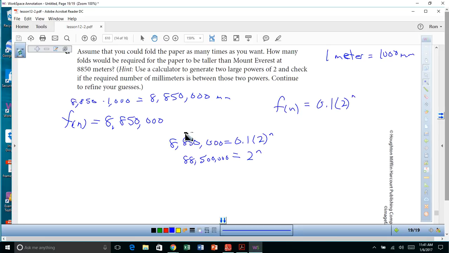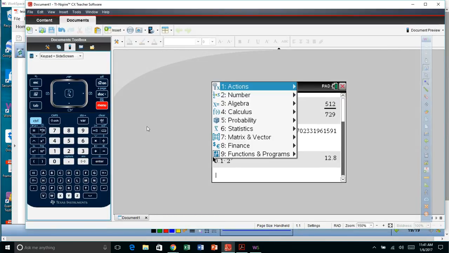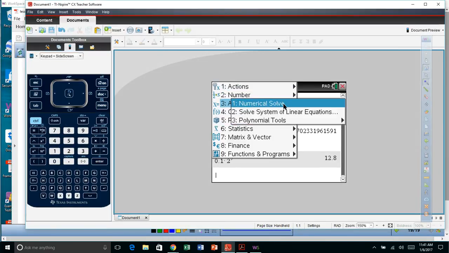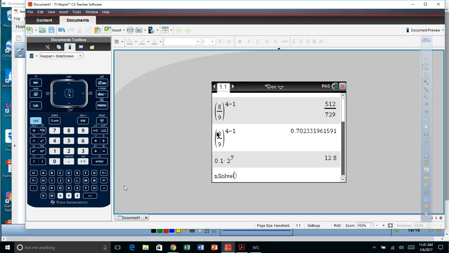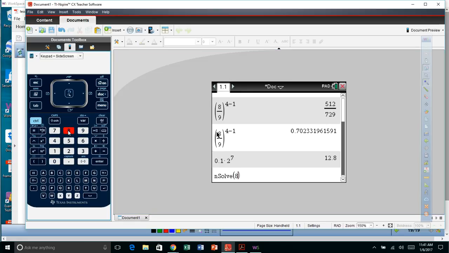I'm not that good at solving this by hand, so I'm going to put it in the calculator. Remember, we had that menu 3, 1 numeric solve. So I'm going to put 8,850,000. I think I need one more zero.